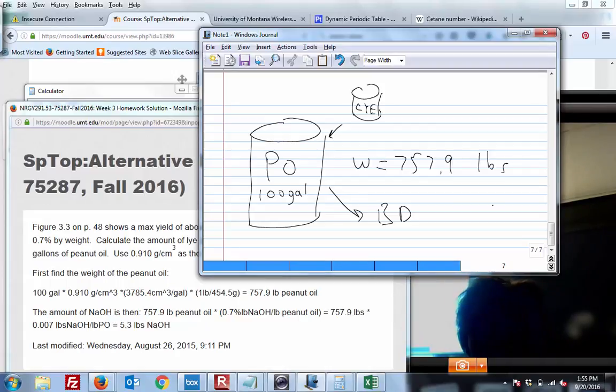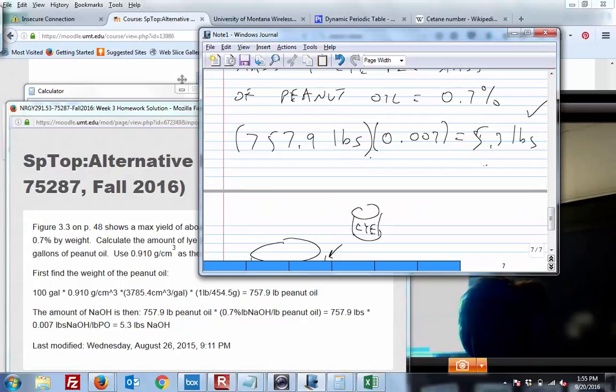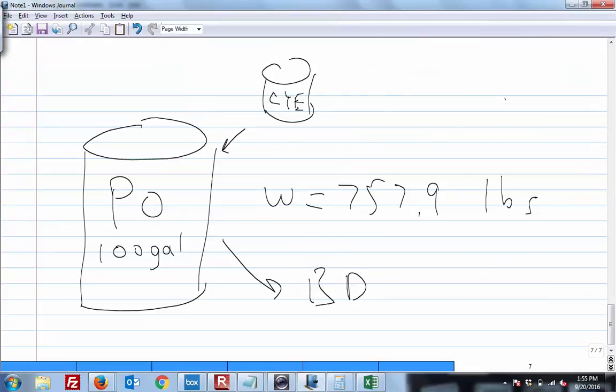Running that little equation, 757 times 0.007 gives us 5.3 pounds. So 5.3 pounds goes in, and then your biodiesel comes out at 98%.